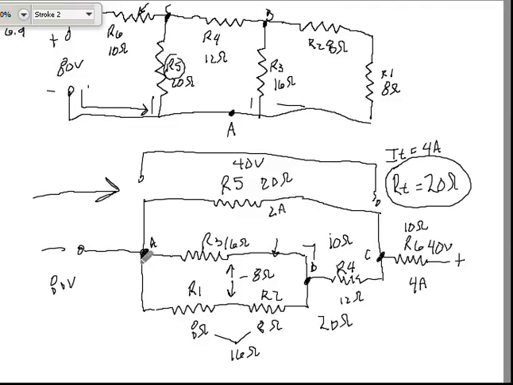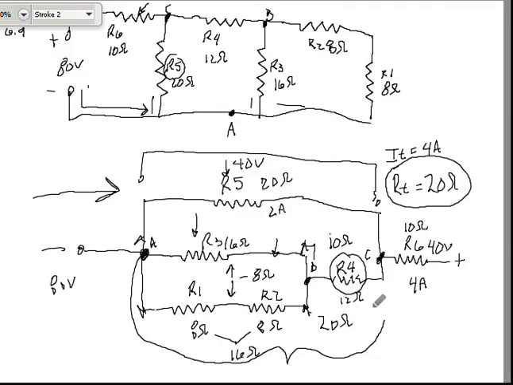Which means from points A to point C here, on this lower side, I'm going to see 40 volts, and since it was 4 amps to start with, and I'm going to drop 2 of them across R5, I've got 2 amps across this entire network. And since this bank here and R4 are in series, that means R4 is also going to see 2 amps.